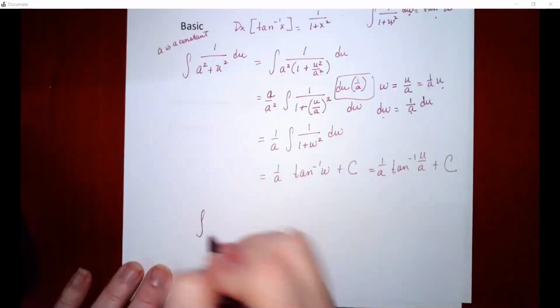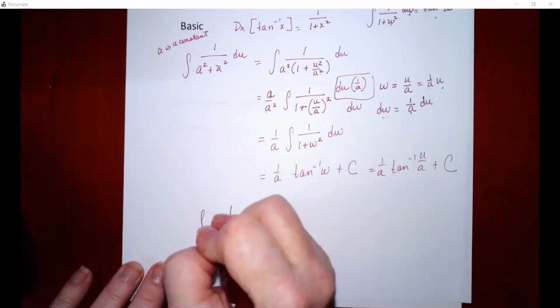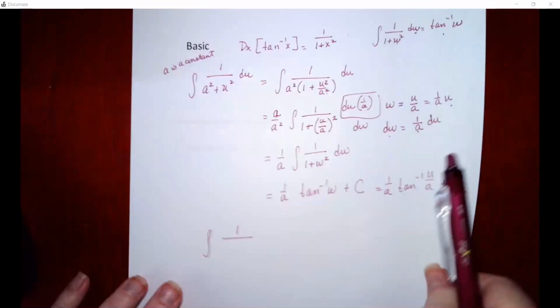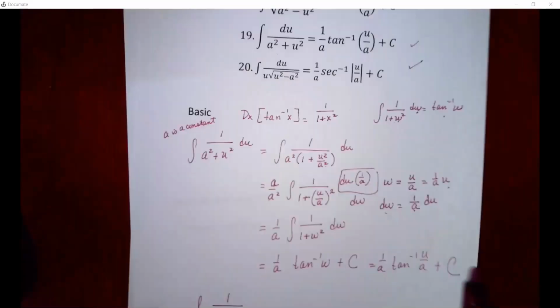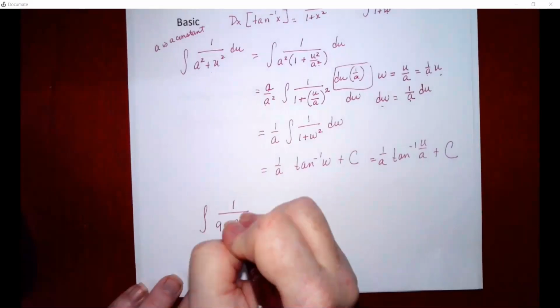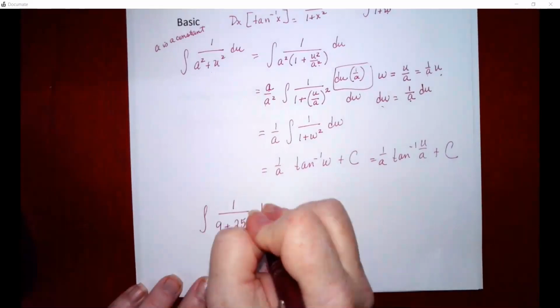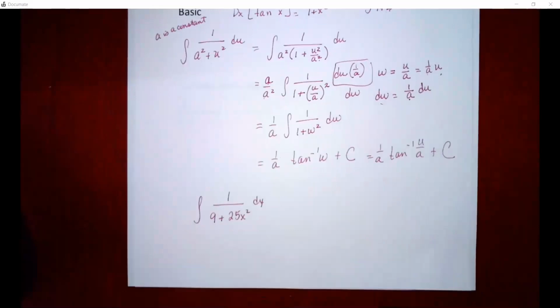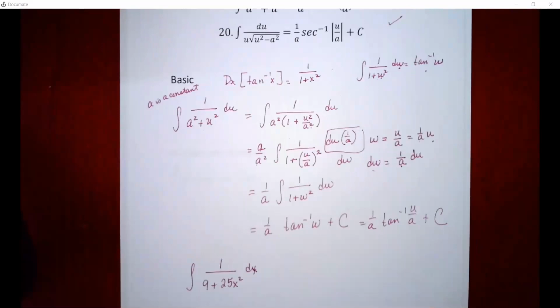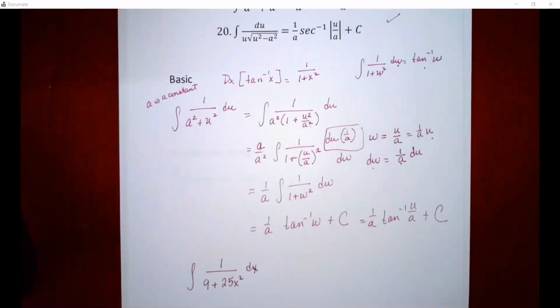So what would we get if we had the integral of 1 over, I think I may have one on the next page. Let's do this one again. Let's say we have 1 over 9 plus 25x squared dx. First question, is that most closely related to an inverse sine, an inverse tangent, or an inverse secant?